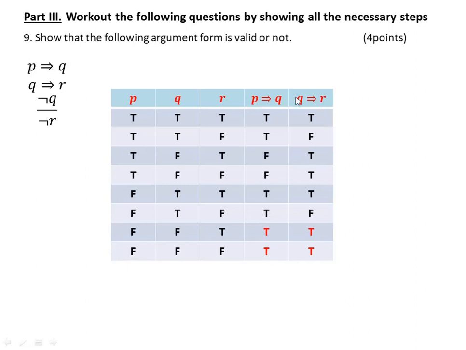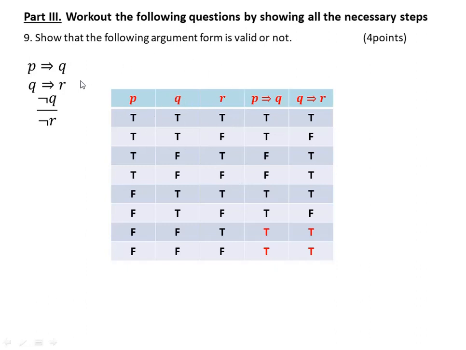Q implies R. Q implies R is false if Q is true and R is false. Therefore, Q implies R has truth values like this: true, false, true, true, true, false, true, true. Now, using this truth table, we can determine whether the given argument is valid or invalid.